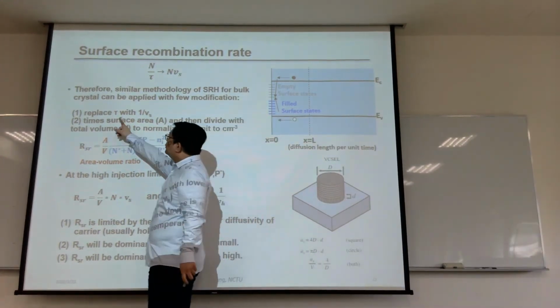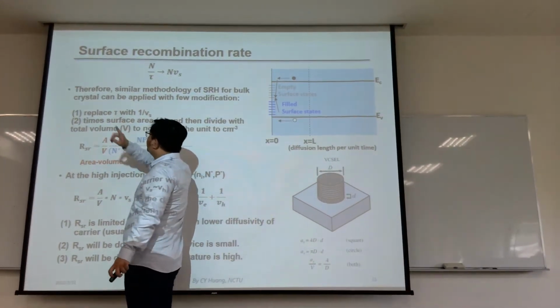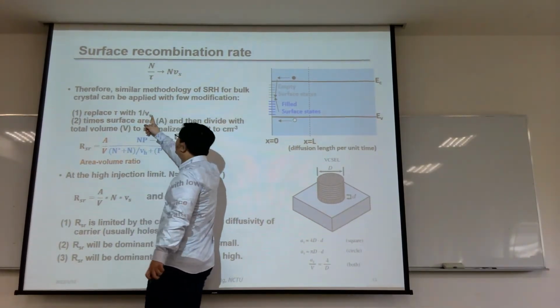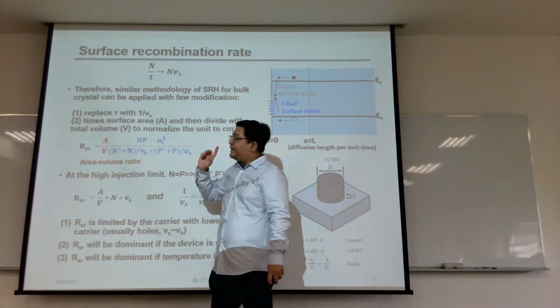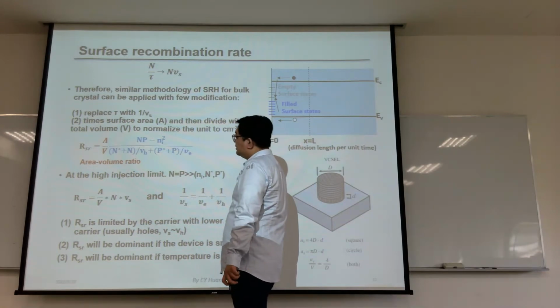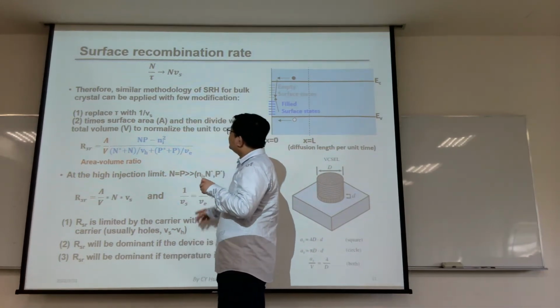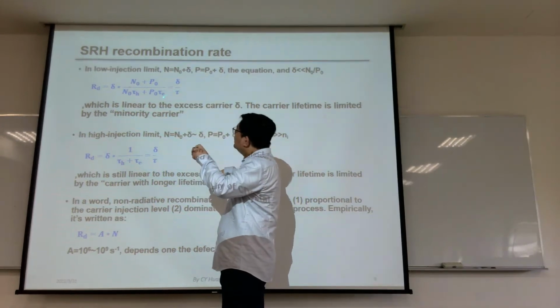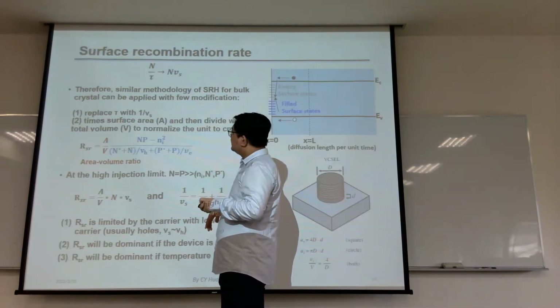So we replace the original tau with 1 over Vs. Then the total surface recombination will be written after replacing tau with 1 over Vs.